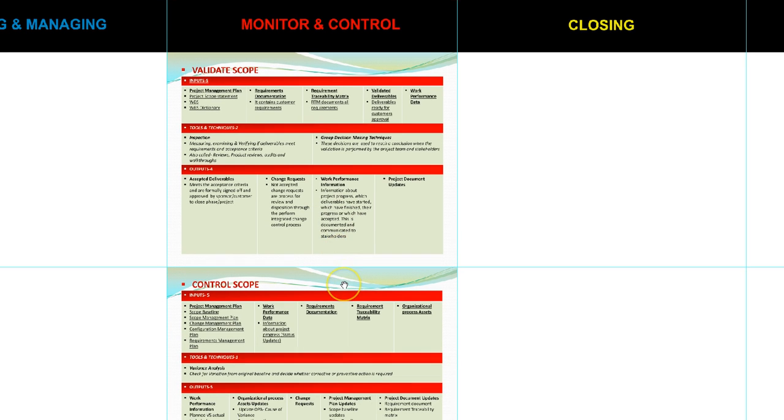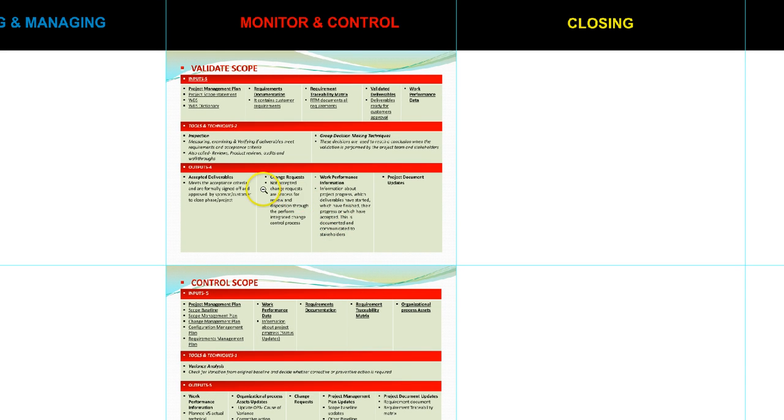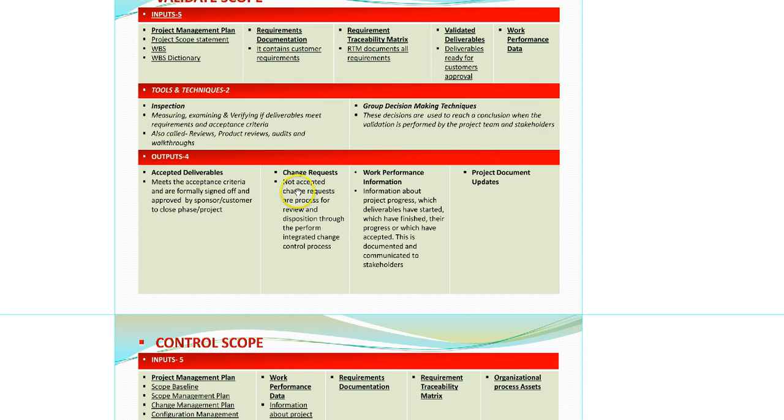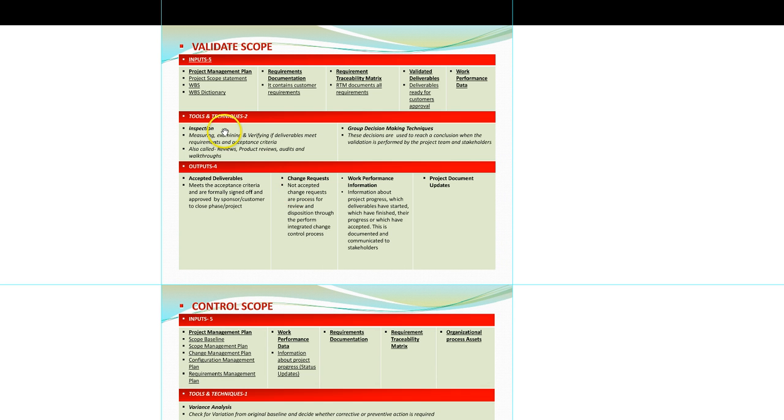Okay, so for example, there could be one question on the test. The project manager is doing inspection. What process is he in within scope management? So you should know he is in validate scope.